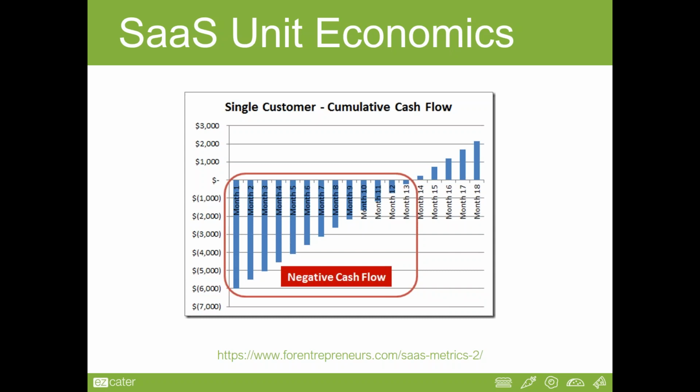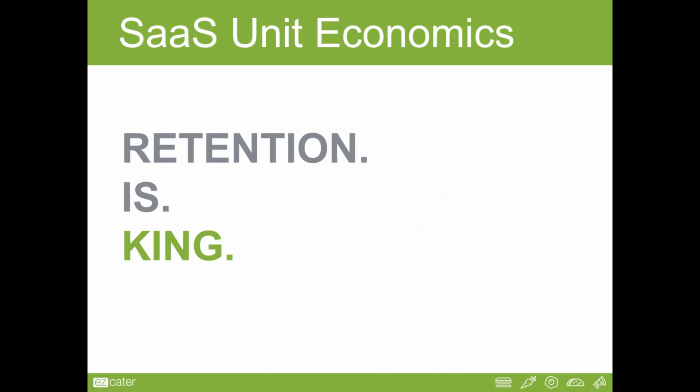Now, as you can see, it all relies on the fact that people come back month after month and keep paying you money. If you end up getting customers that are bad, you can end up burning a ton of money very quickly, right? If you spend $6,000 on people and then they quit after 1 month, you're just in the hole. So again, understanding your customer quality is super important for any SaaS business.